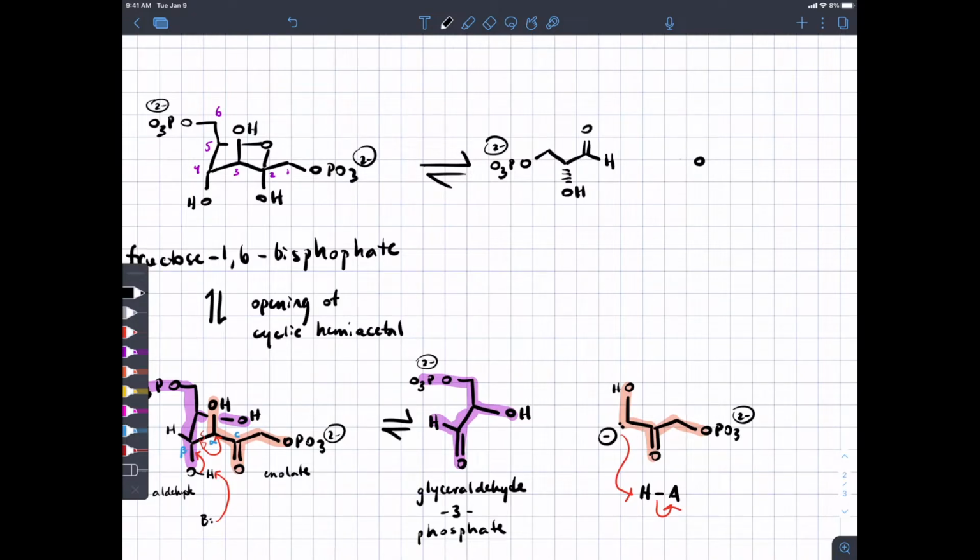And then I will draw the ketone here. So this is glyceraldehyde 3-phosphate, and this is dihydroxyacetone phosphate.